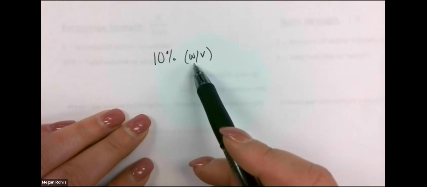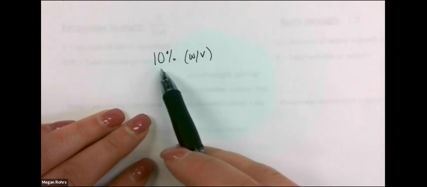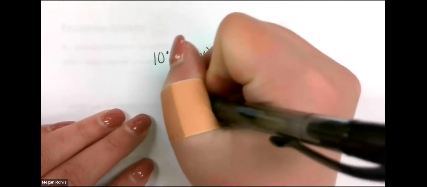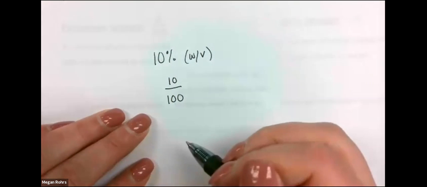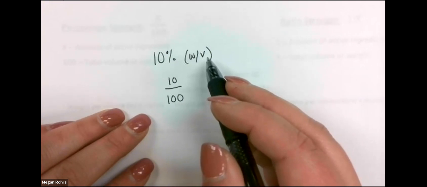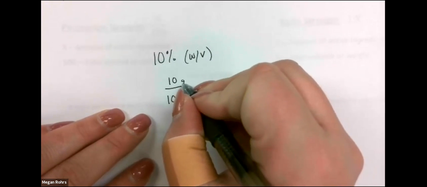So let's say I have a 10% weight per volume solution, and I want to write this as a fraction. Anytime I see a percentage, you can always just take this number and put it over 100. 10 over 100. Since this says weight per volume, that means my numerator is weight, so grams.